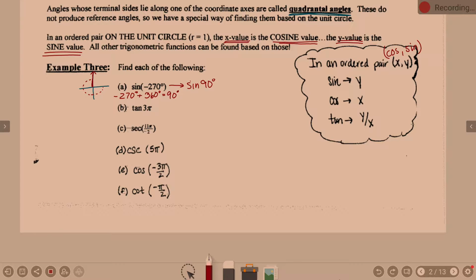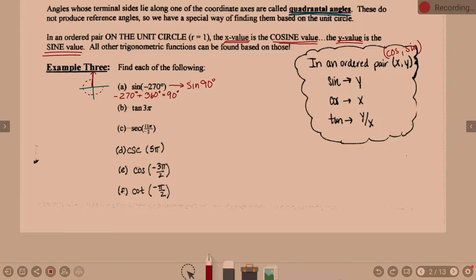Okay. On the y-axis, how far left or right do you go to go up the y-axis? You go 0 left or right. And then if we're talking unit circle, we're going to go up 1. So like right here, to get to 90 degrees, you're going to go left to right 0 and up 1.